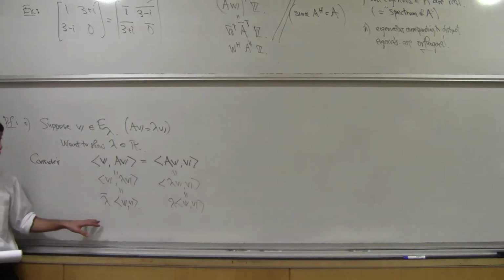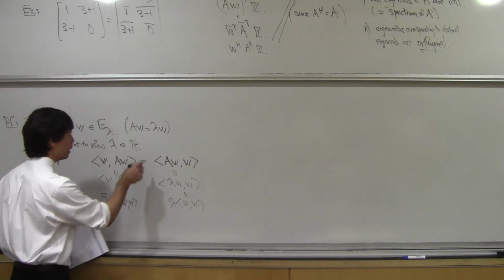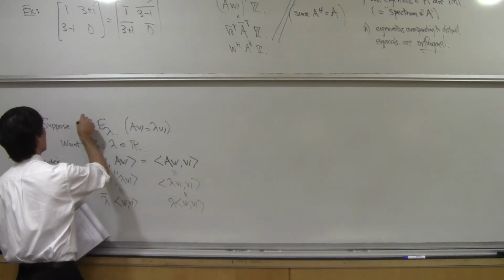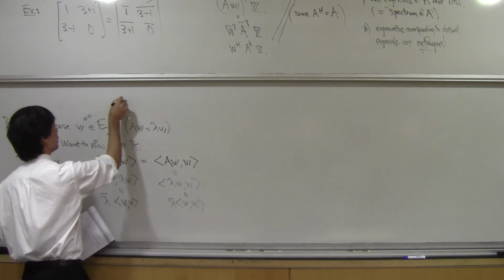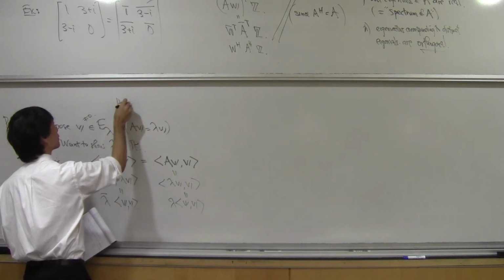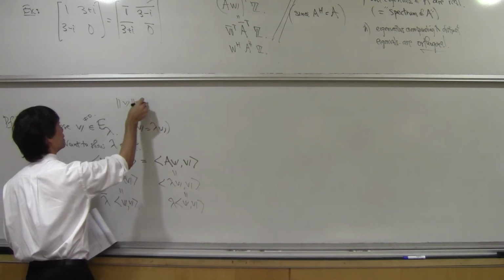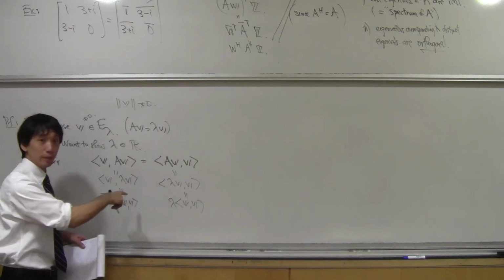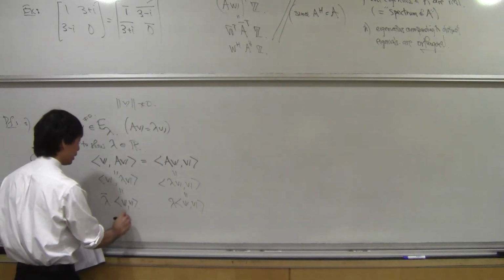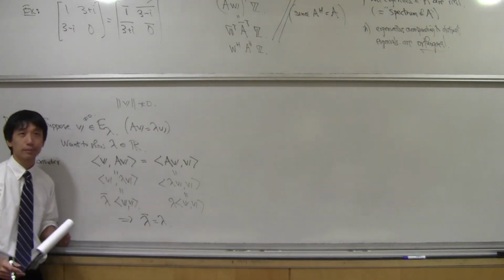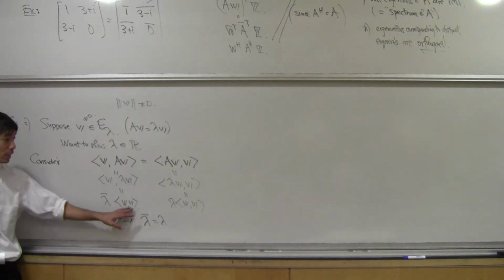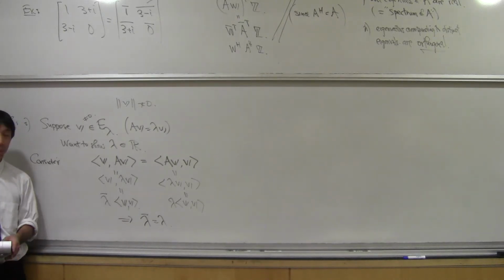And so remember that V is non-zero, so the magnitude is non-zero. And so you can divide both sides by the magnitude squared, and you get that lambda bar equals lambda.